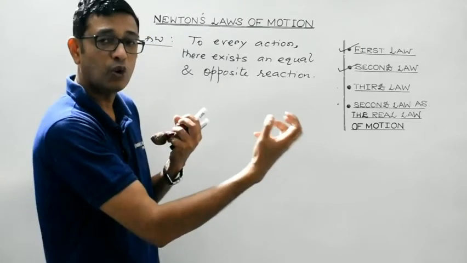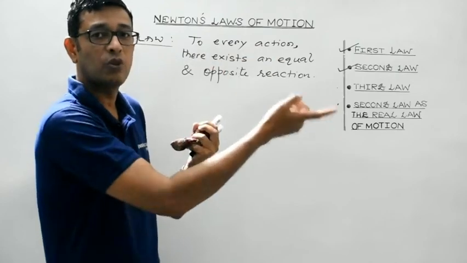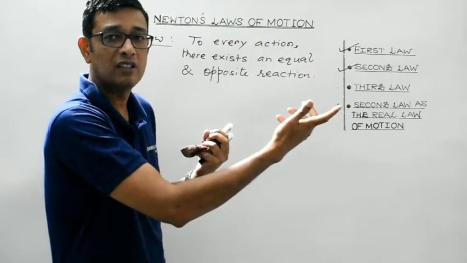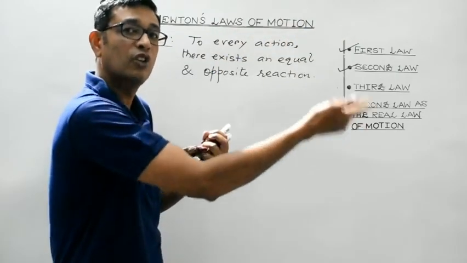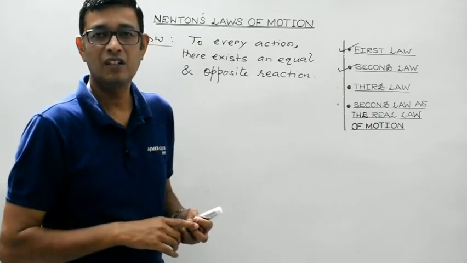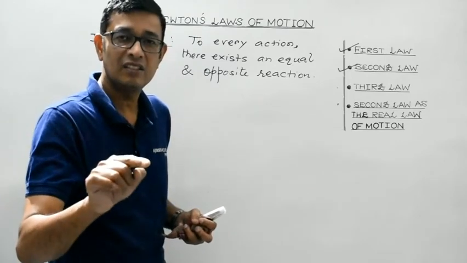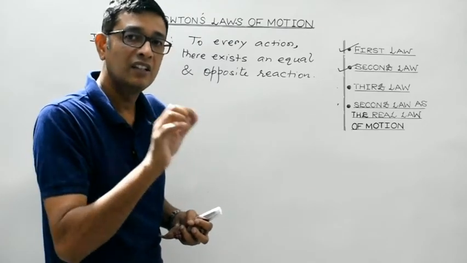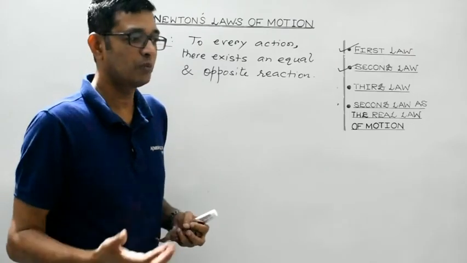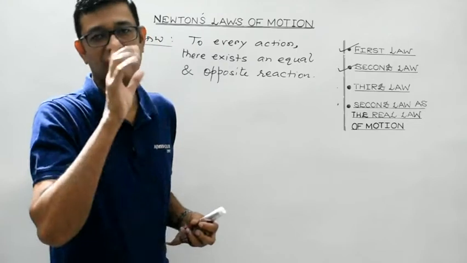Whenever two bodies interact with each other, the force exerted by this body on the other body would be exactly equal and opposite to the force exerted by the other body on the first body. So, that's the action-reaction concept, and that is possible only when the forces exist in pairs.